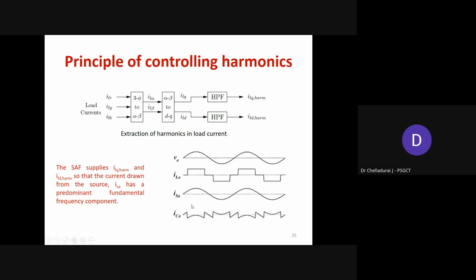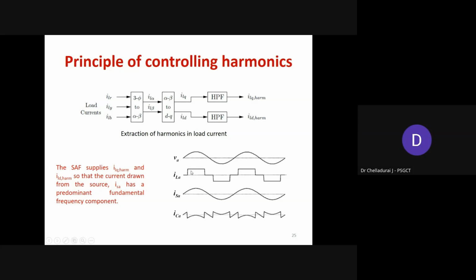Then the current compensation required with the help of the VSI is to extract from this particular quasi-square wave, to convert the quasi-square wave into a pure sine wave. So we have to extract the harmonic components present in this quasi-square waveform.